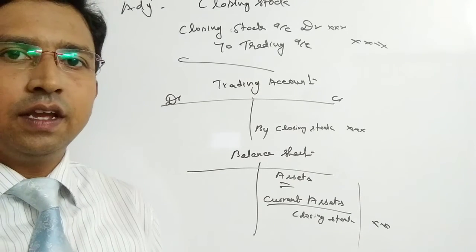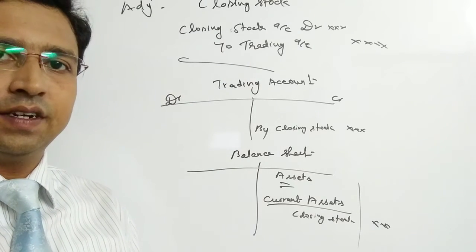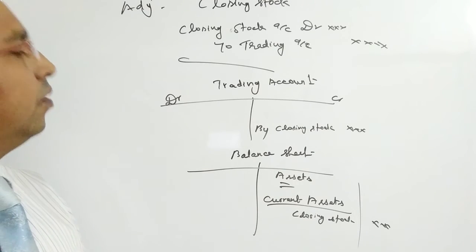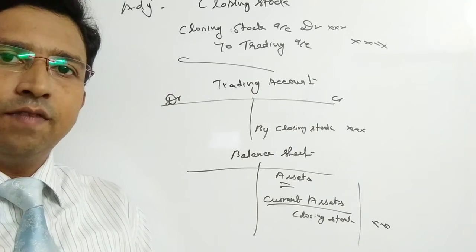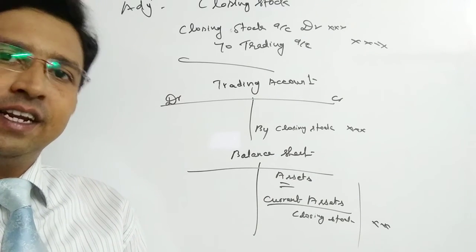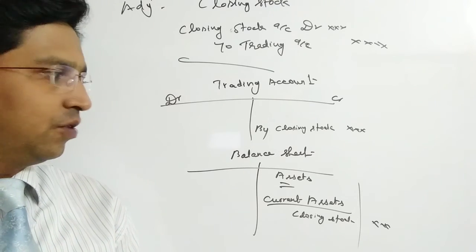Normally, for your examination, this will be given as the first adjustment. Then, when it comes to the closing stock value, which value would be considered? If the cost value is lesser than the net realizable value, then the cost value would be taken into account.